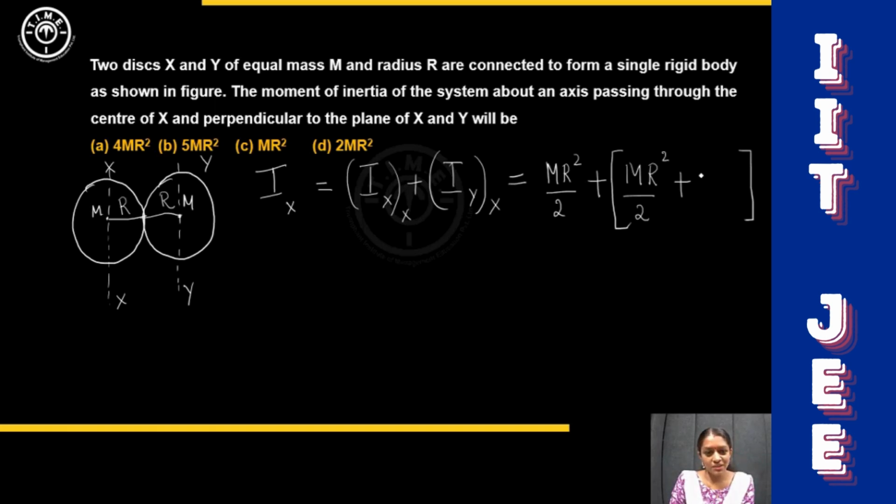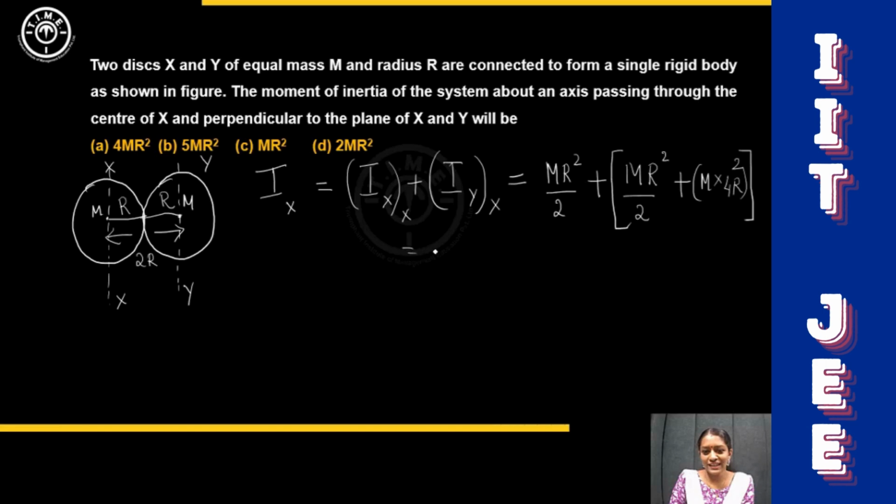Now what is the next term in this expression? It is the product of mass of the disk and square of distance between the two axes. So from the figure find out what is the total distance between the two axes. Yes, it is 2r, right? So here you will write 2r the whole square, which is actually 4r square.